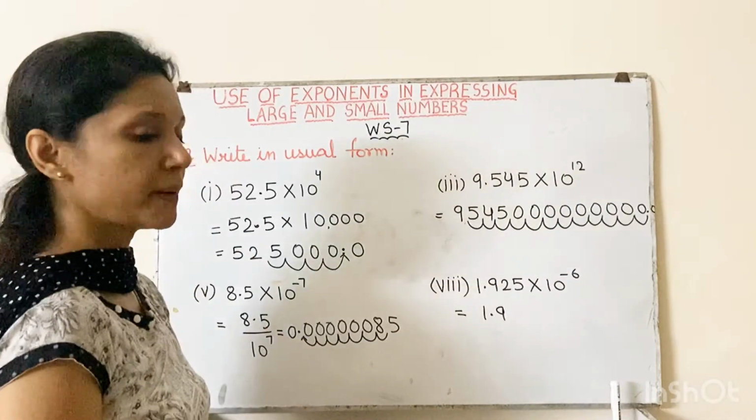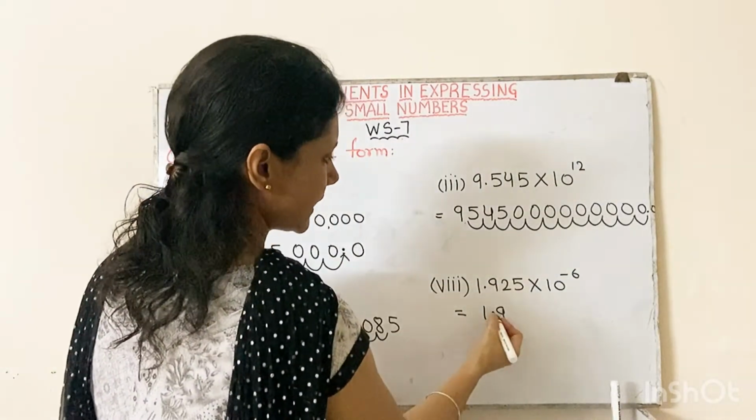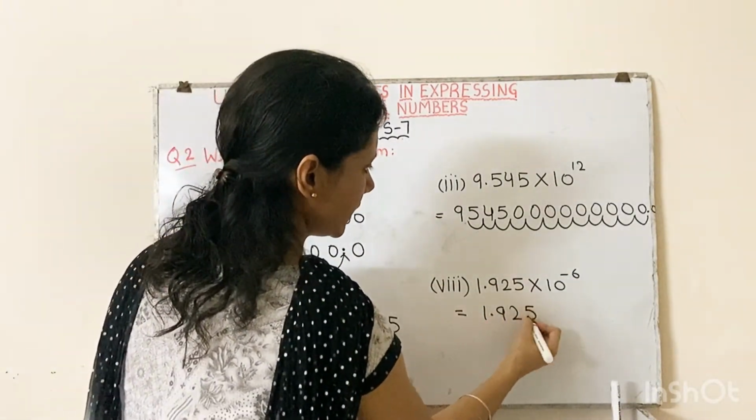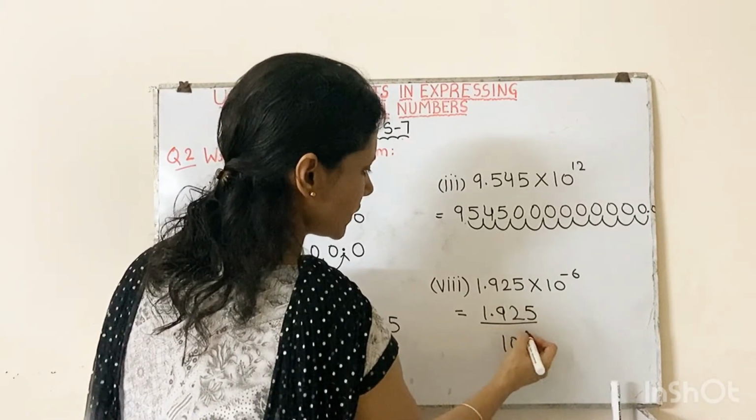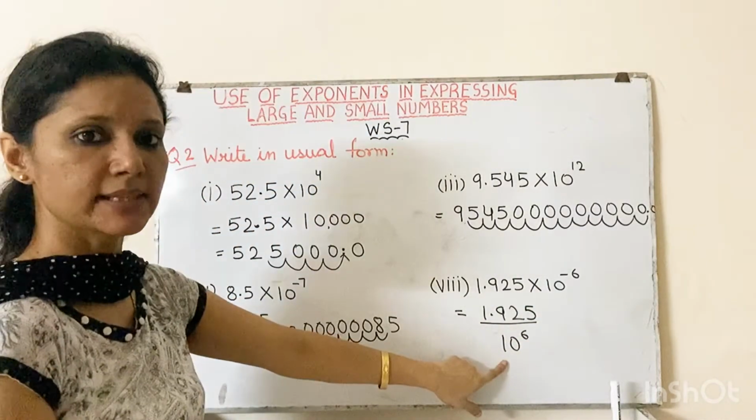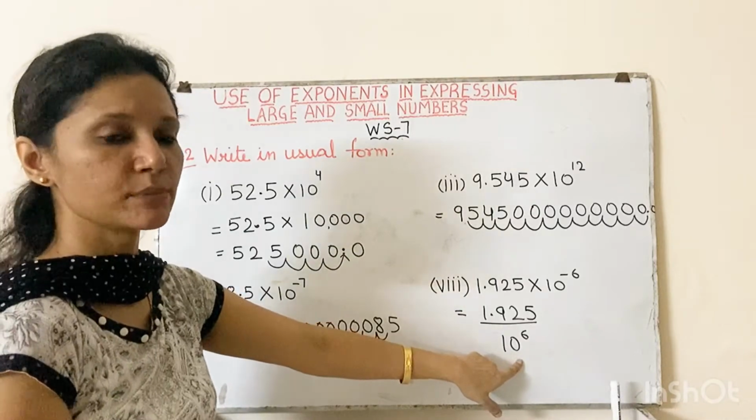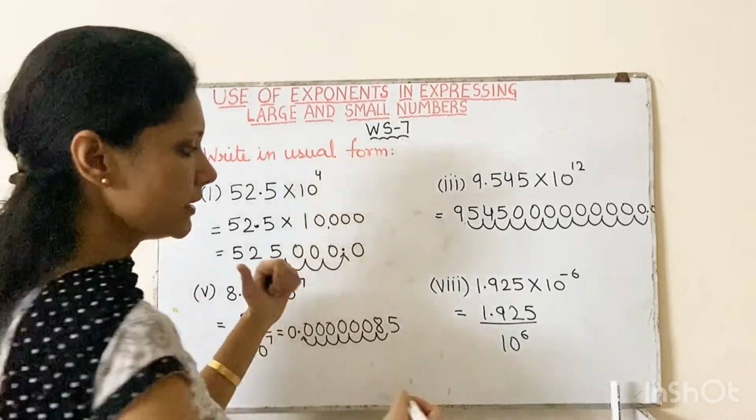Coming to the next, the 8th part, 1.925 multiplied by 10 raised to the power minus 6. Since the power is negative, I'll write it as 1.925 divided by 10 raised to the power 6. This means that we have to move the decimal 6 places towards the left.